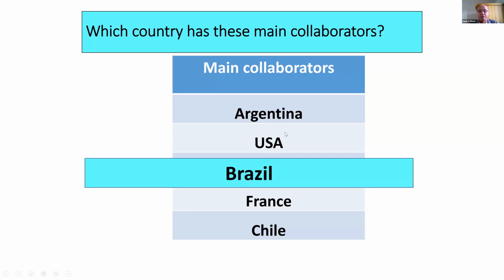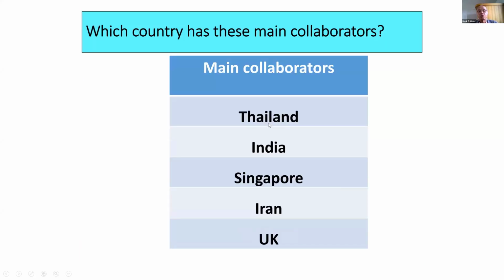Last but not least, just as an example, here I have a country that shows strong relationships with Thailand and Singapore, but also with the UK and with Iran, and then with India too. And this country, maybe some of you know this, this is Malaysia, because Thailand and Singapore are at least neighboring countries.